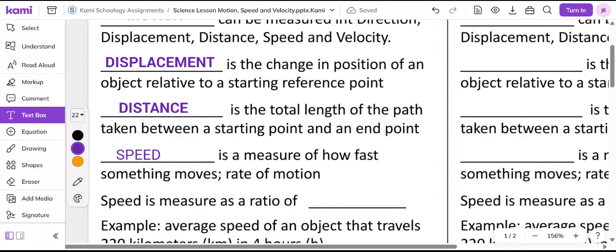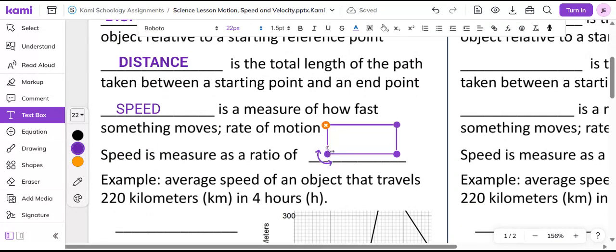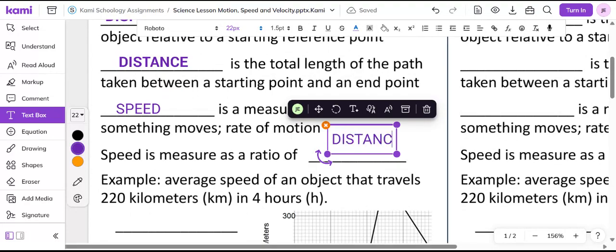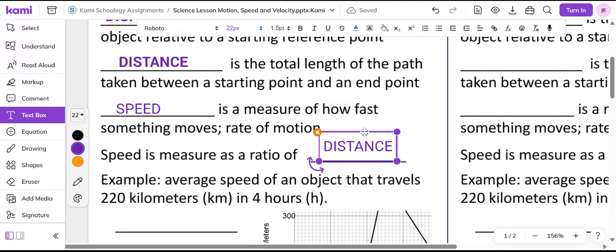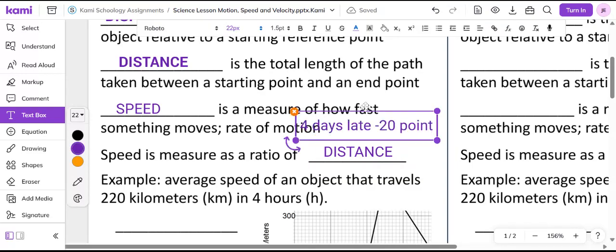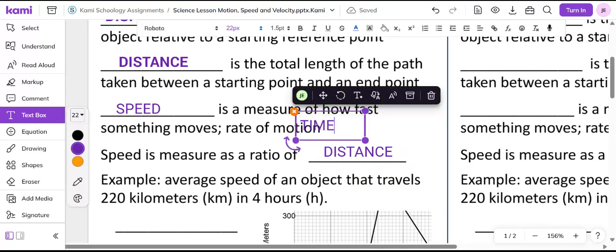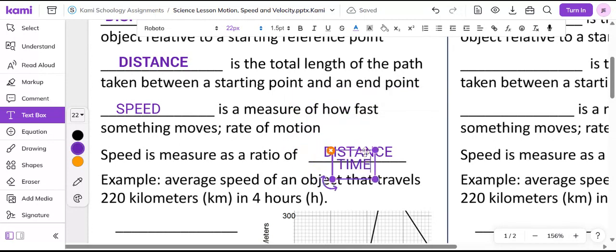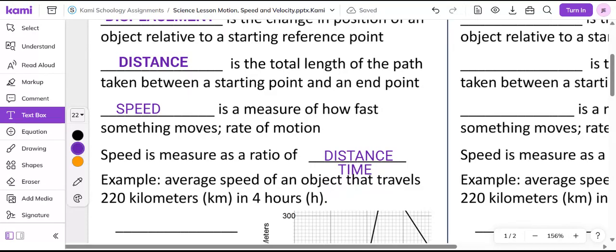The speed is measured as a ratio of distance, not displacement, but just distance, compared to time. Distance over time as a direct ratio. We should have been familiar with ratios from sixth grade math. The comparison of distance over time tells you how fast something is going.